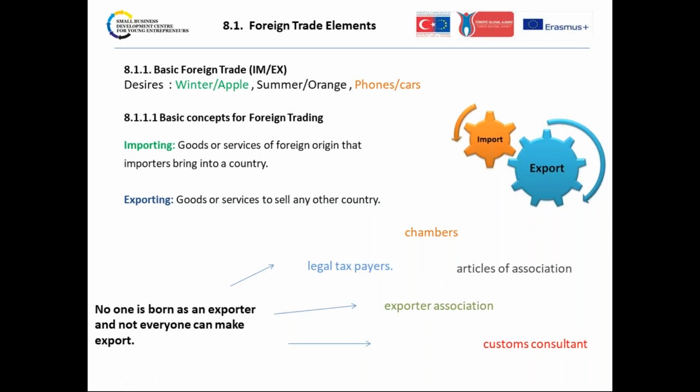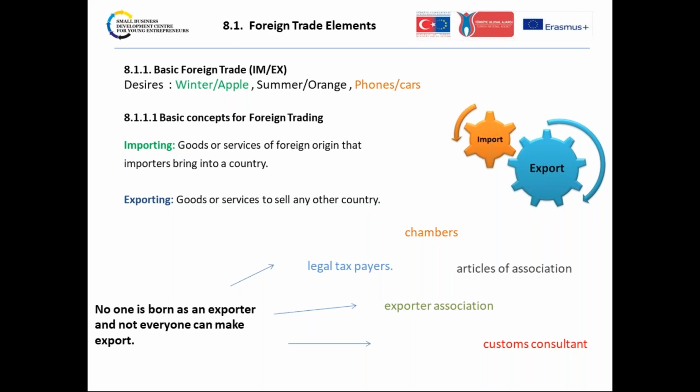Thanks to export, they can reach lots of customers and high standards in international markets. Internal markets are not enough for companies at this moment in order to make high profits and to reach international markets. That is why exporting is a very vital and essential issue in today's business area.